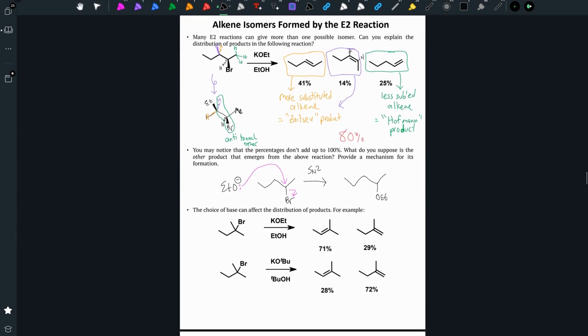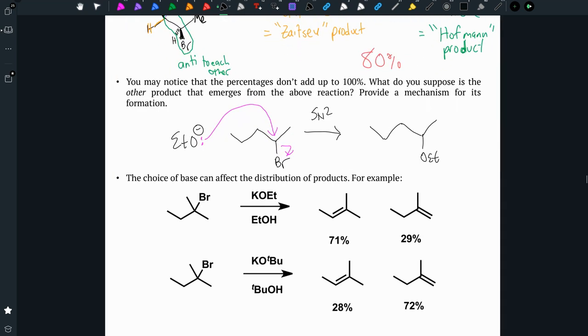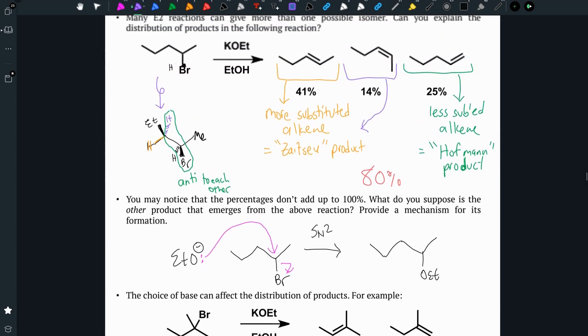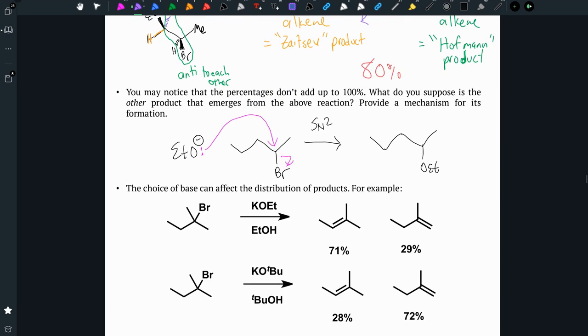So it turns out that what base you choose can affect which product you get more of, the Zaitsev or the Hofmann. So in this case, notice if I take this alkyl halide down at the bottom, when I react with ethoxide, I get 71% of the more substituted product.